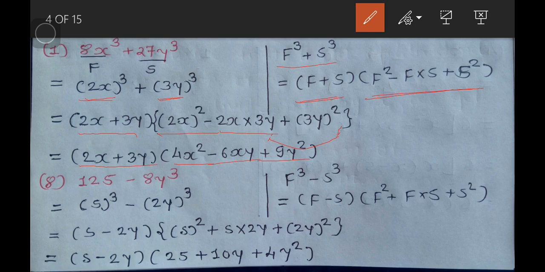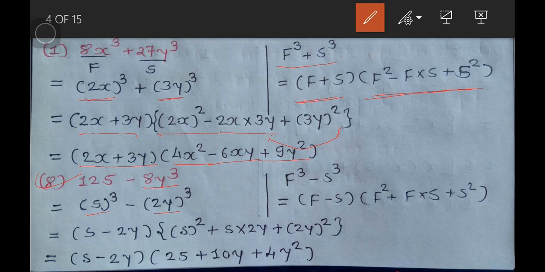Now another example, that is 125 minus 8y cube. So here you can see that 125 is the cube of 5, and 8y cube is the cube of 2y, and in this polynomial there are only two terms, so we can use method number 3.